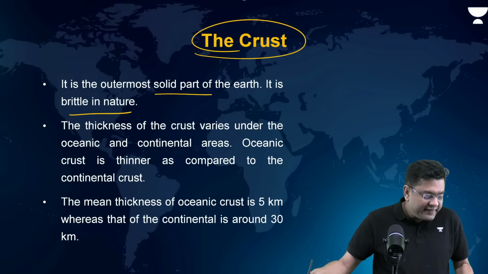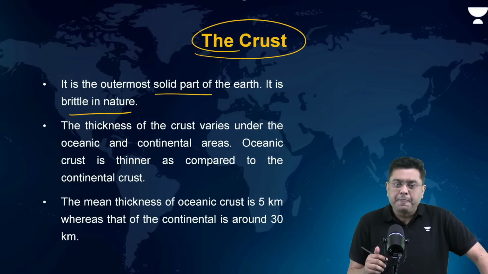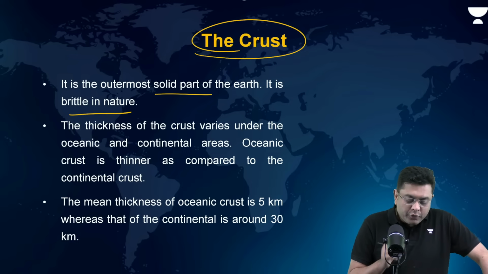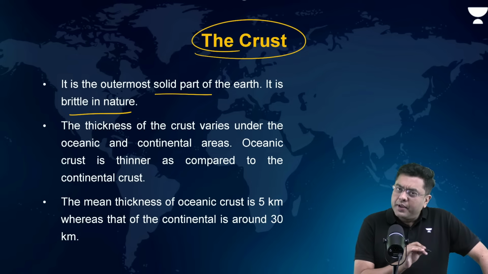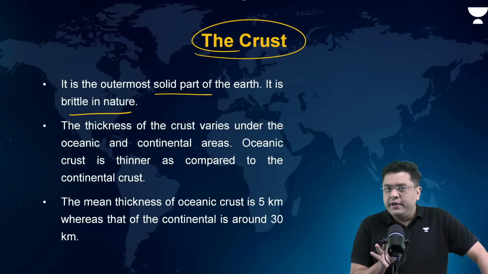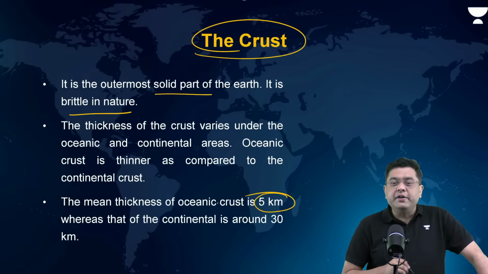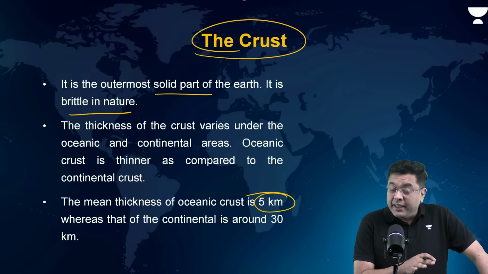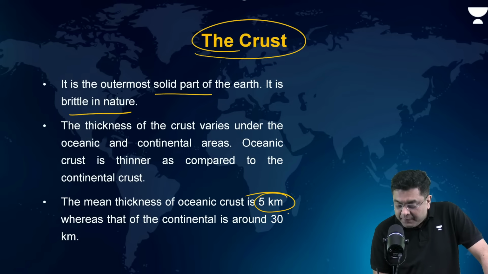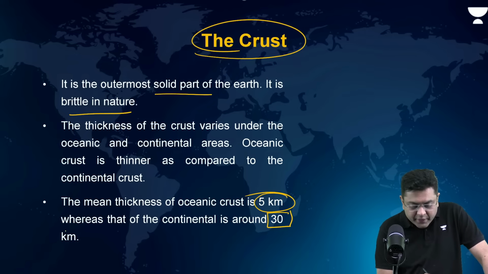Now, this thickness of planet Earth, you will observe that it varies, whether you are in the case of the continental region or the oceanic area. In the oceanic region, the crustal thickness is only restricted to around 5 kilometers, right? But in the continental regions, it can be as much as 30 kilometers.